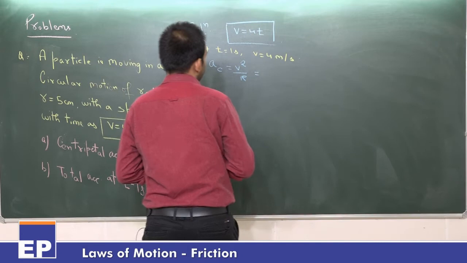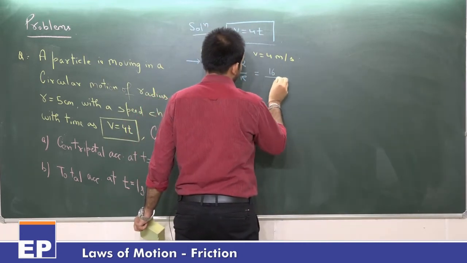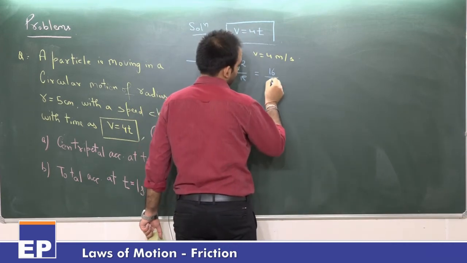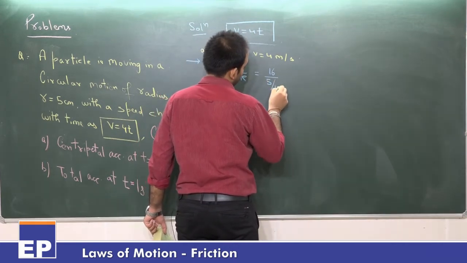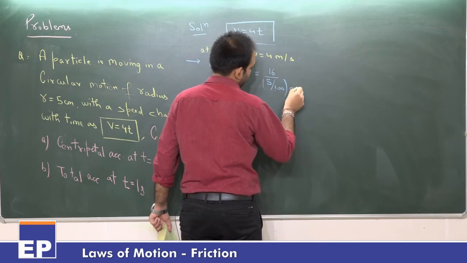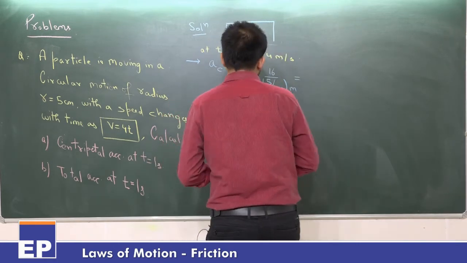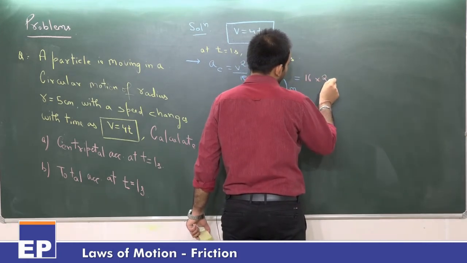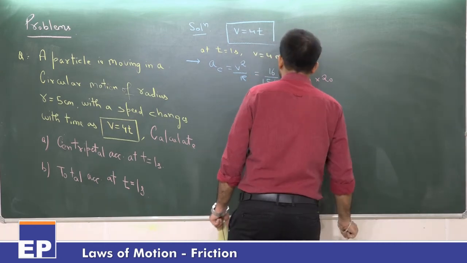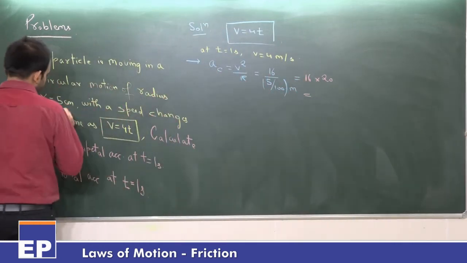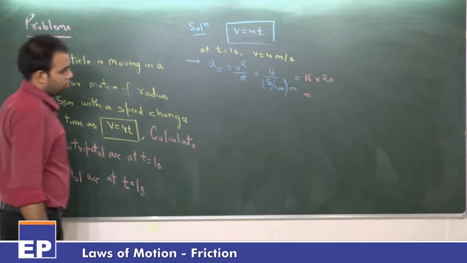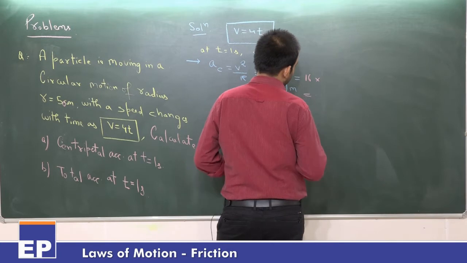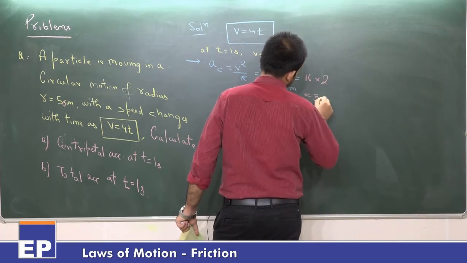So V squared, 4 squared is 16, by R, 5 centimeter. 5 centimeter is 5 by 100 meter, that will become 1 by 20. That will come out to be 16 into 20. You just take it as 50 centimeter for a more appropriate answer. So that will come out to be 1 by 2, that will come out to 32 meter per second squared.